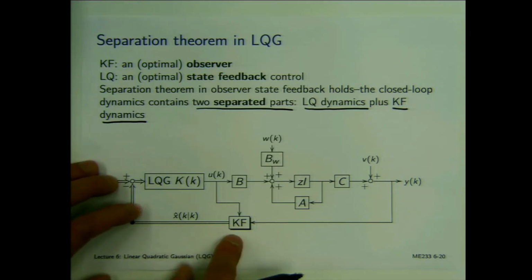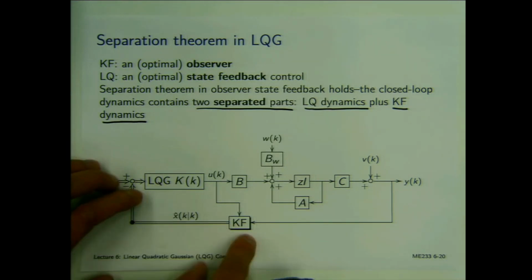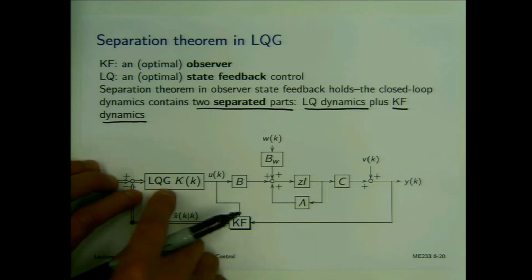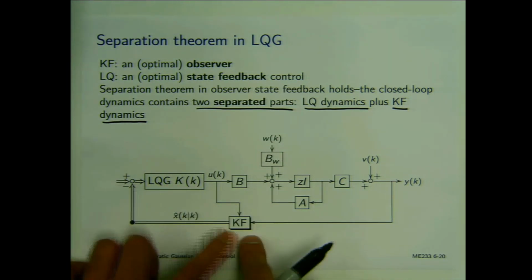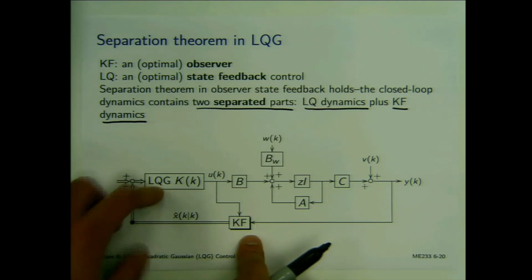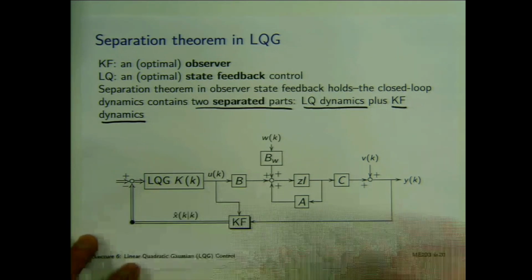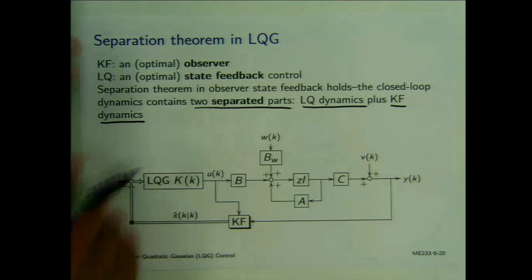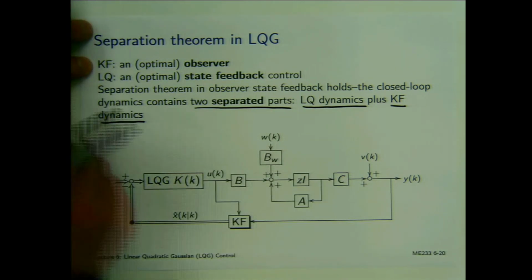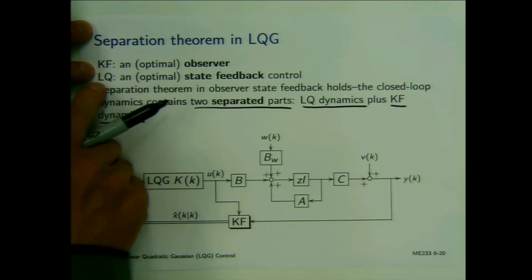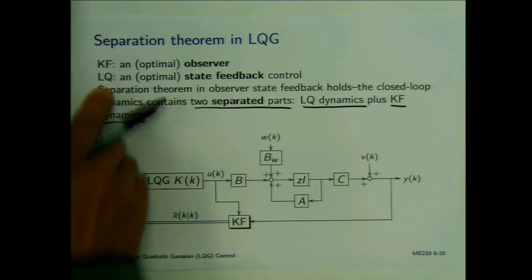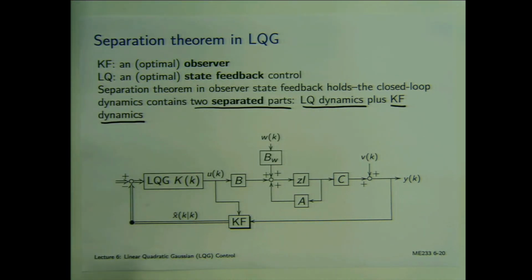If you recall the equations for the Kalman filter and the equations for the LQ optimal controller, you will notice that the Kalman filter equations are totally independent of the LQ control equations. The big reasoning behind this is that the Kalman filter is nothing but a special observer, and LQ is nothing but a state feedback control. So this is a special observer-based state feedback control law.